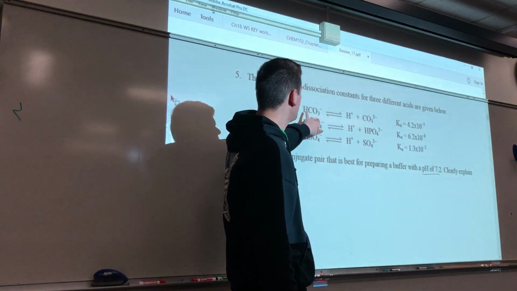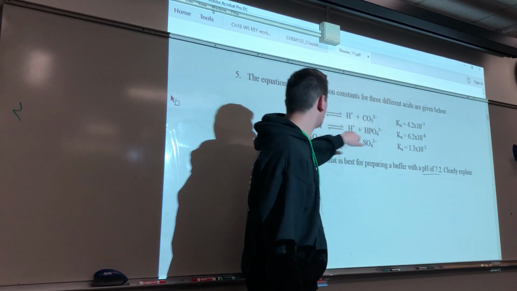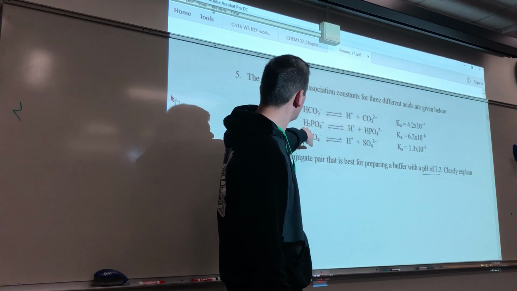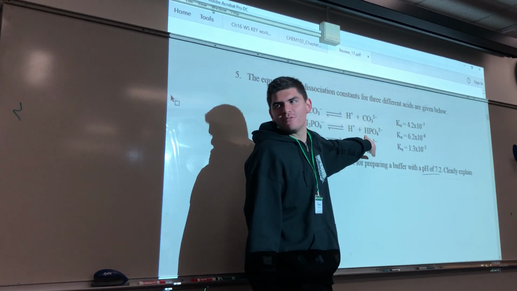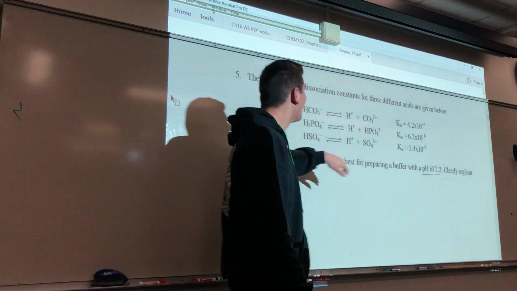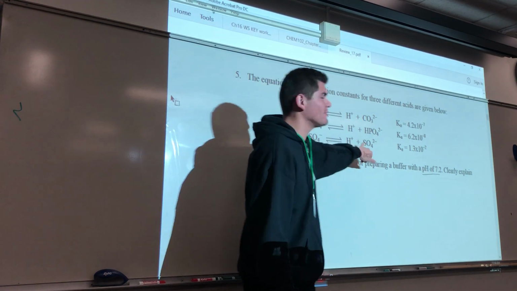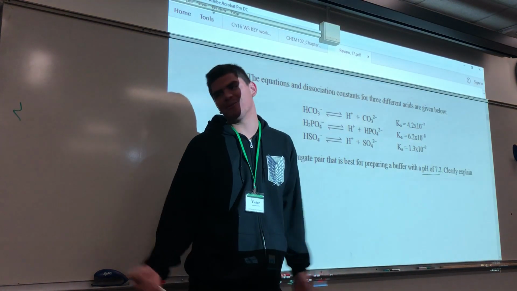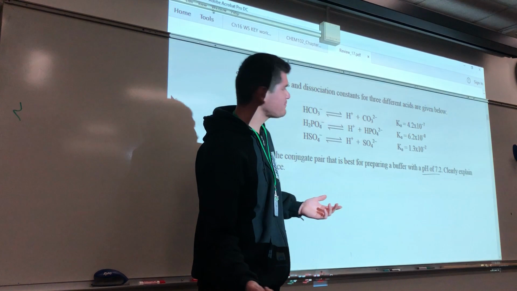We could go from bicarbonate to carbonate, from phosphoric acid to its conjugate base, and same here, hydrogen sulfate to sulfate. Hydrogen sulfate, that's what they call it in the book sometimes. So these are all conjugate acid-base pairs, right?